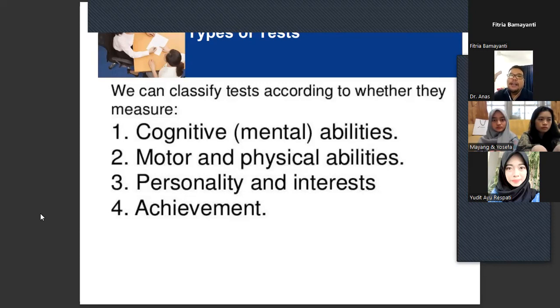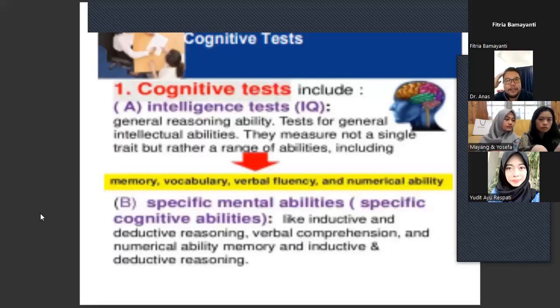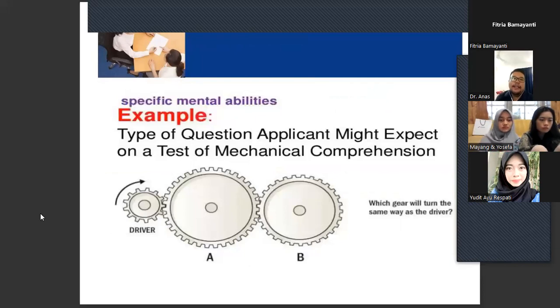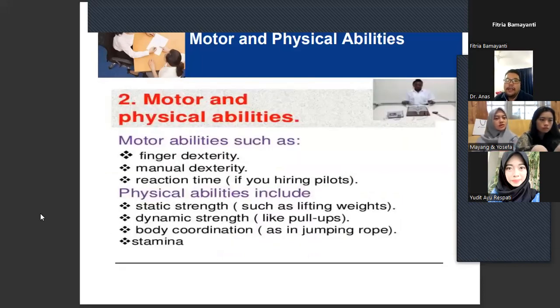So itu adalah mental abilities test or cognitive abilities test. Okay. So next. Yang tadi ini contohnya. Next. So yang seterusnya itu motor and physical abilities.